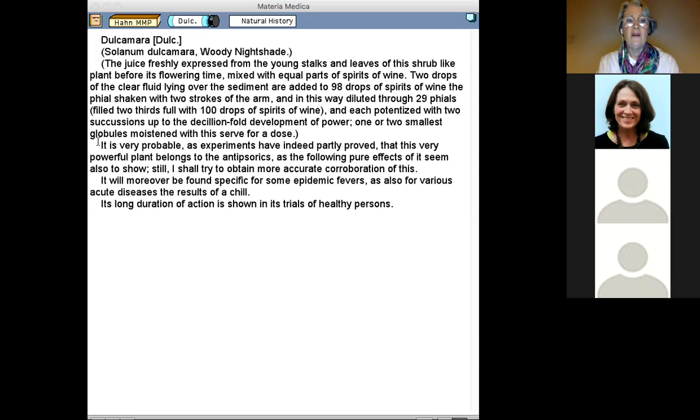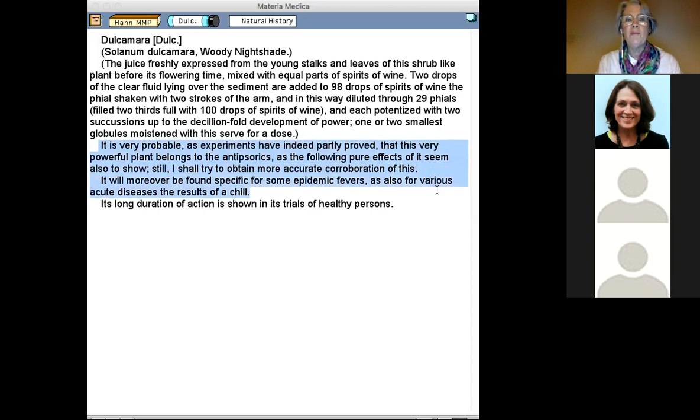He says it's very probable, as experiments have indeed partly proved, that this very powerful plant belongs to the antipsorics. These are remedies that dealt with the miasm of psora, as the following pure effects of it seem able to show. Still, I shall try to obtain more accurate corroboration. He was always looking for more.